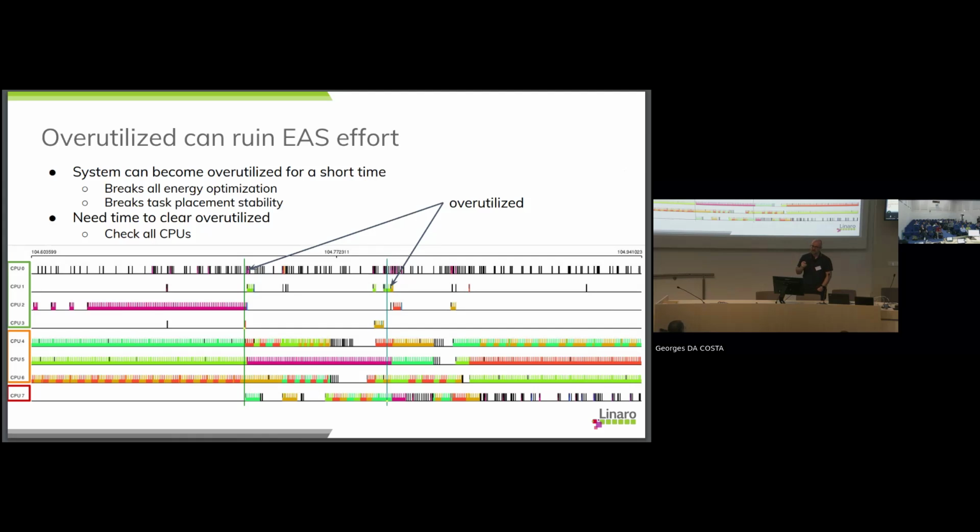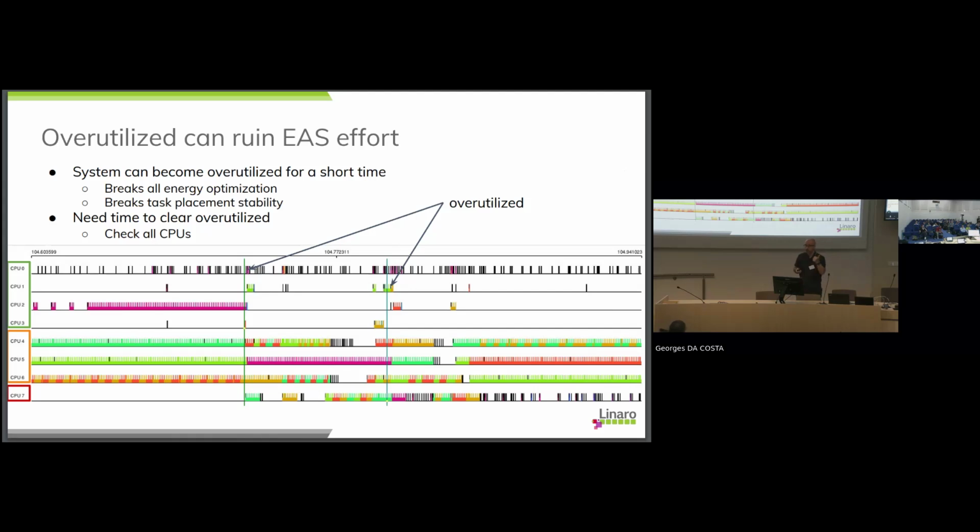So in this case, we have some misfit tasks that happen, and the little CPU there will become overutilized until we migrate the task. But because it's overutilized there, the load balance will start to happen and will spread everything around. Or even if you have a work queue that runs for a few dozen microseconds, the overutilized state will break everything.